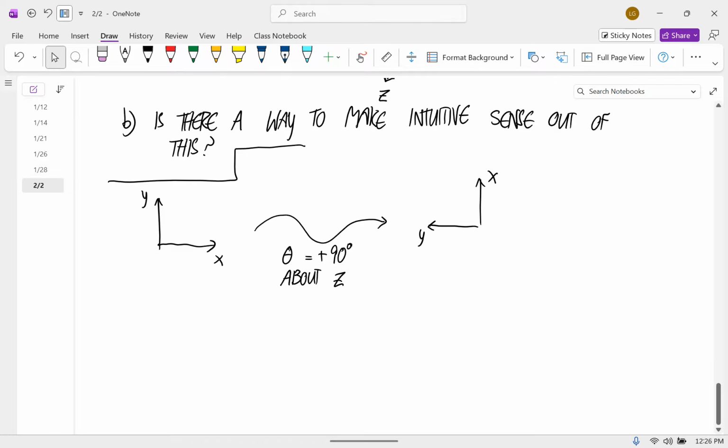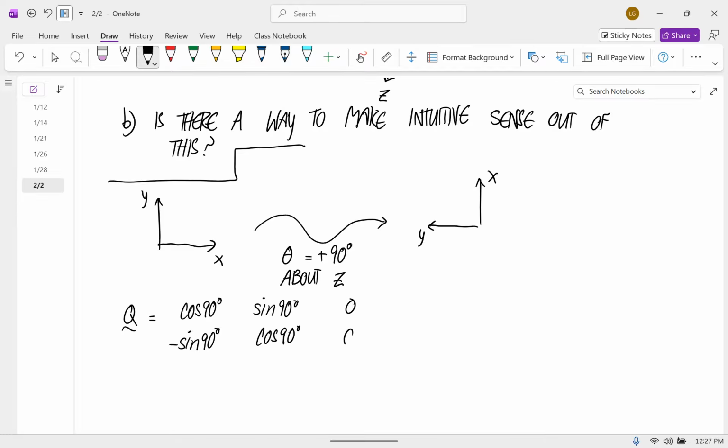Okay, so let's fill out the rotation matrix. So Q is equal to cosine of 90, sine of 90, 0, negative sine of 90, cosine of 90, 0, 0, 0, 1.